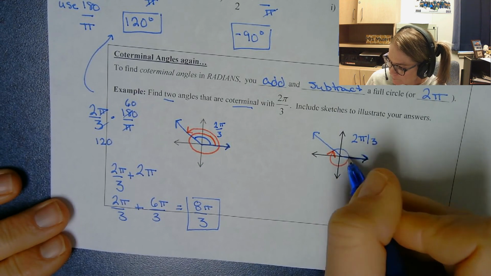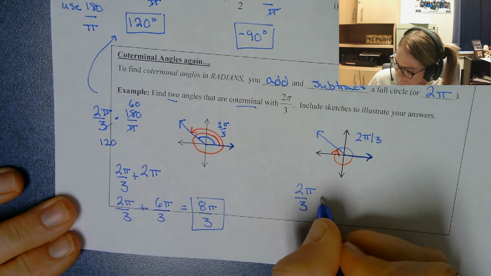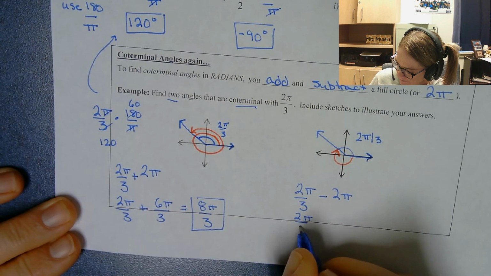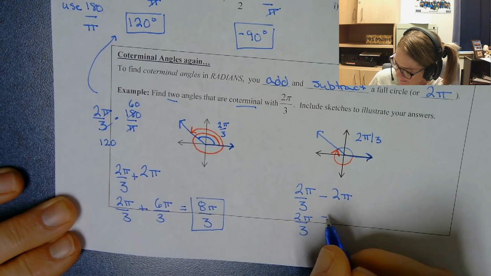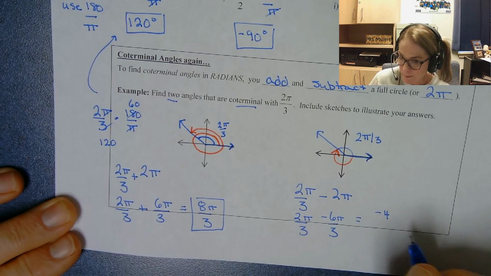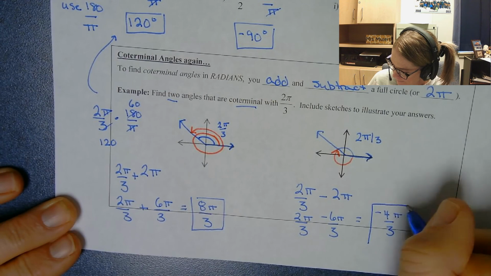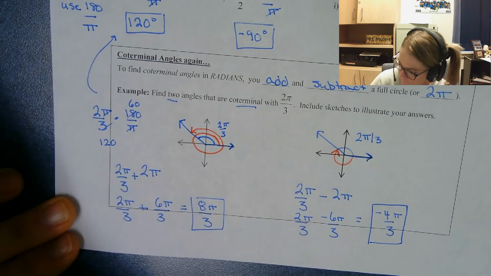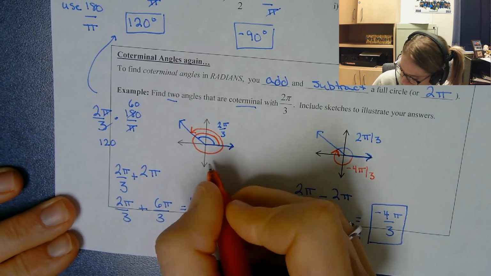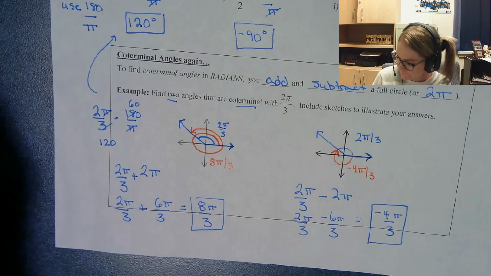We were stopped by this 2 pi over 3. So how do we write that? That's just 2 pi over 3 minus 2 pi. Okay, so 2 pi over 3 minus 6 pi over 3. And this would be a negative 4 pi over 3 angle. Okay, you would write negative 4 pi over 3. Those are coterminal. And this is 8 pi over 3.